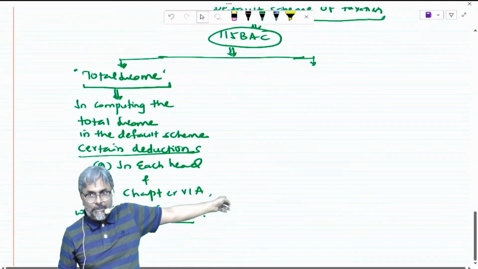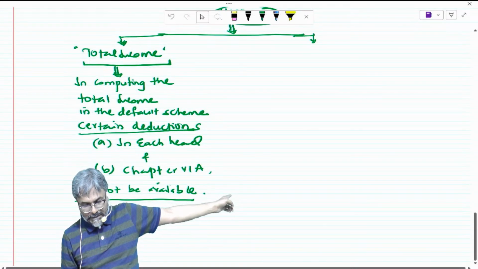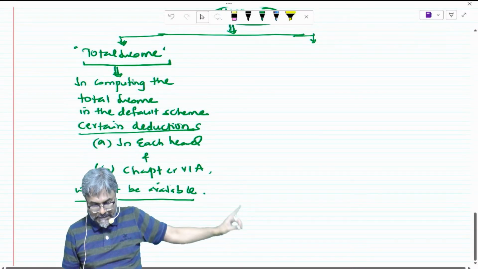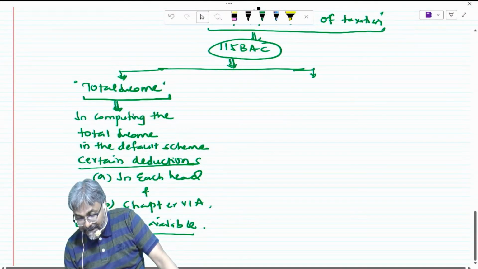So have you all written this, students? Every one of you? In computing the total income in the default scheme, certain deductions of each head and Chapter 6A will not be available. Now write, students, here the rate of tax.